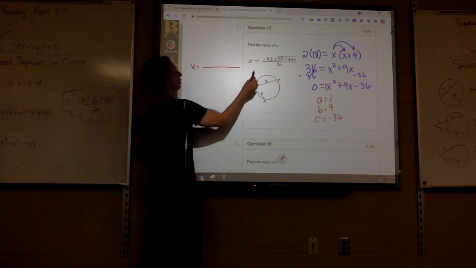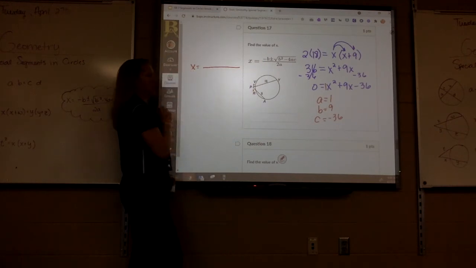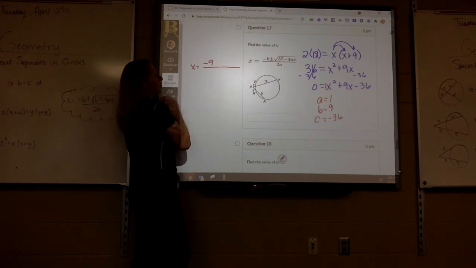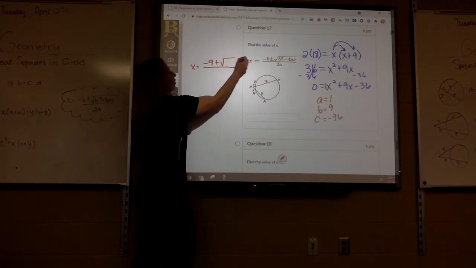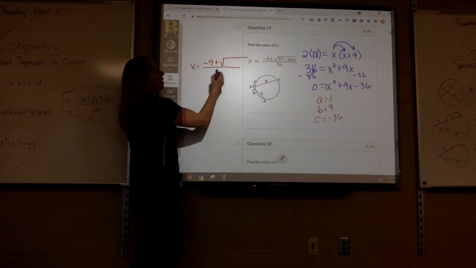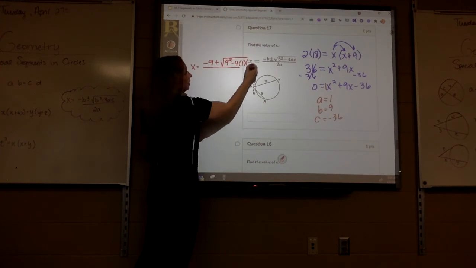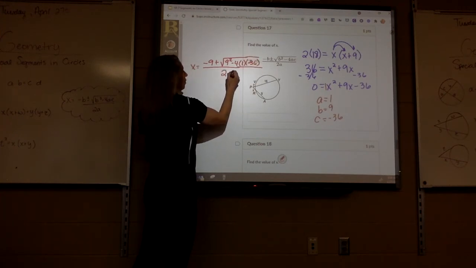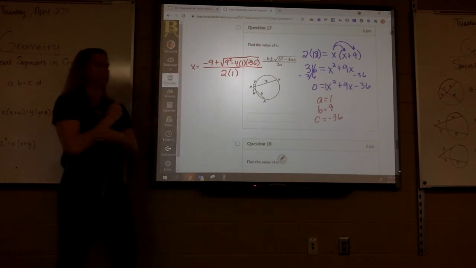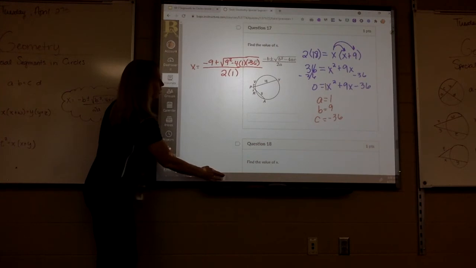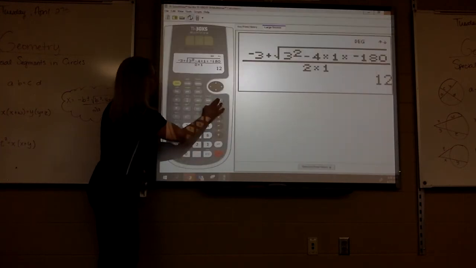So it's x equals negative B. So do you guys see how B is 9? Negative 9 plus the square root of 9 squared minus 4 times A times C all over 2A. 2 times 1. So 9, 1, and negative 36.